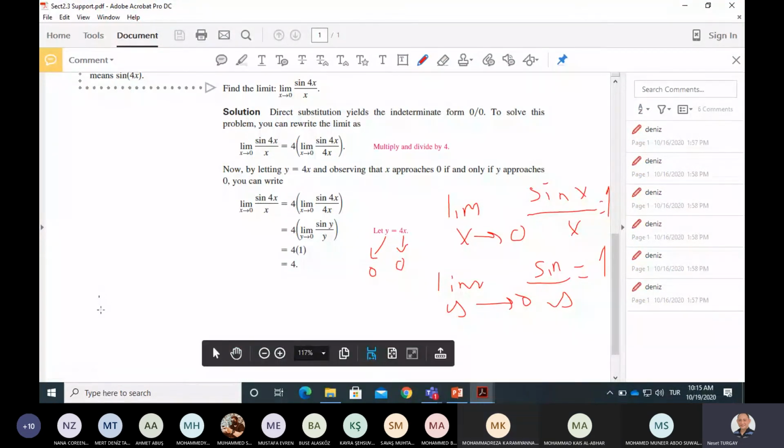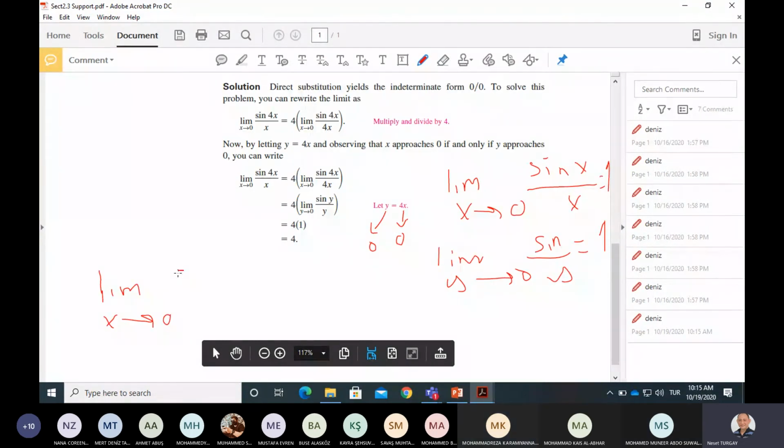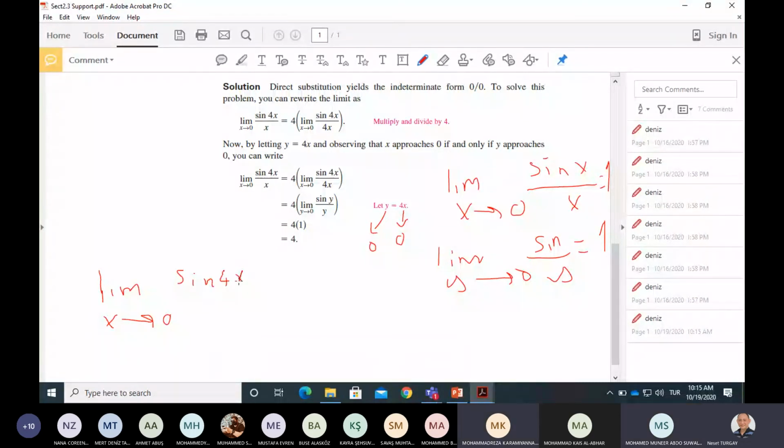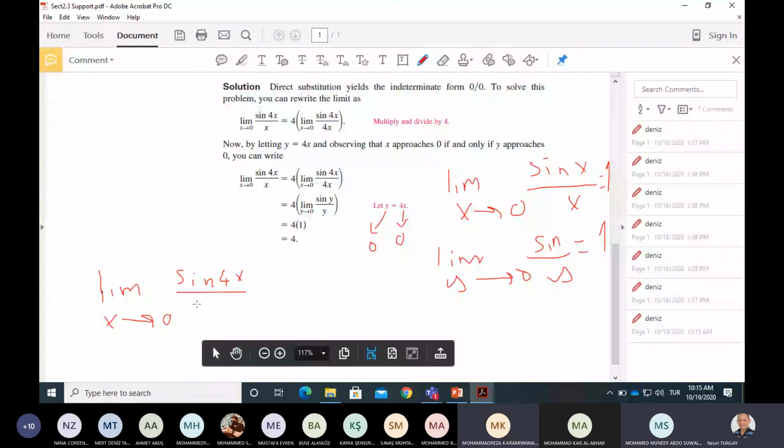Look, this is happening. Limit as x goes to 0 of sine 4x over x. Now what's happening here? We are doing this limit, x goes to 0.